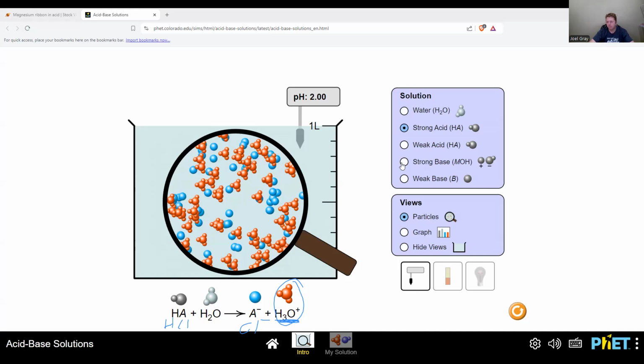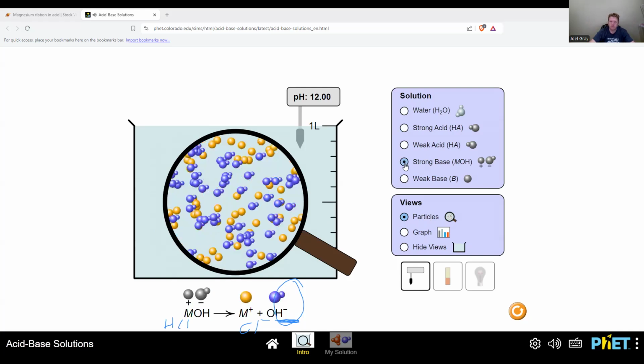Now, if by comparison we add a strong base, well then we're again not going to have much of our base, but we're going to have a bunch of that M plus and OH minus, those hydroxide ions, which I can draw, squared. We've got a ton of these.